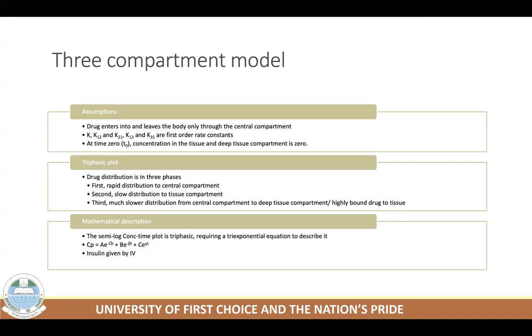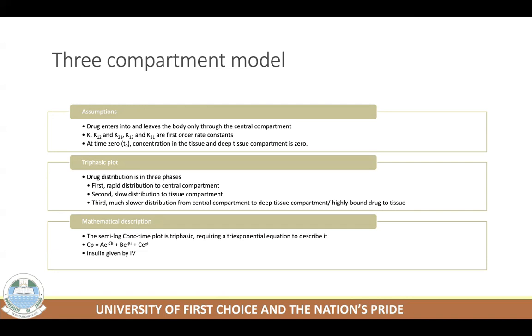So that usually forms the third compartment. There's the first compartment, which has rapid distribution, and of course, we've seen examples. There's a second compartment, which we said is much slower than the first compartment. But there's a third compartment, which is much slower still in distribution from the central compartment. So therefore, you need to add a third compartment for such drugs.